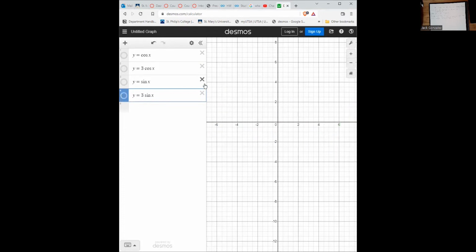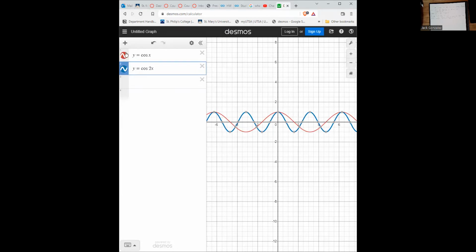Now for period. The original cosine, we said, has a period from 0 to 2 pi. If I were to double the number in front of the x, notice how it's repeating itself in half the time, because it's twice as fast here compared to this one.